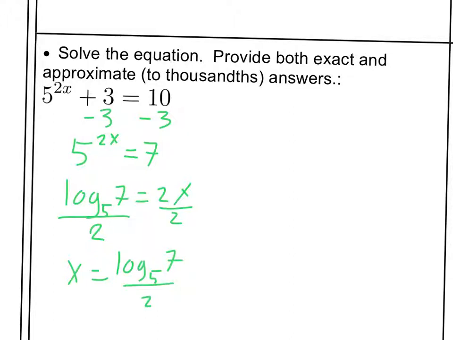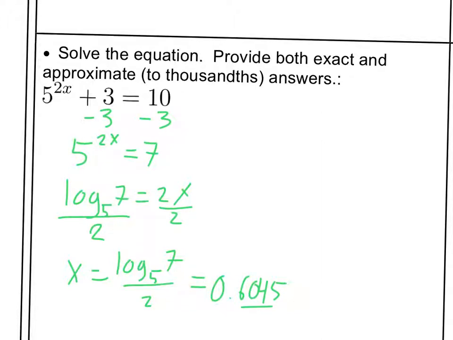The approximate answer, which if this is a non-calculator spiral, I don't remember if it is or not, you don't have to do. You got to do log base 5 of 7 over 2, and you should get a value of 0.6045. Thousandths would be up to there, so 0.604 or 0.605 would be acceptable. On your calculator, you can either use log base or you can convert between logs, depending on the calculator that you have. I'm happy to show you that individually.